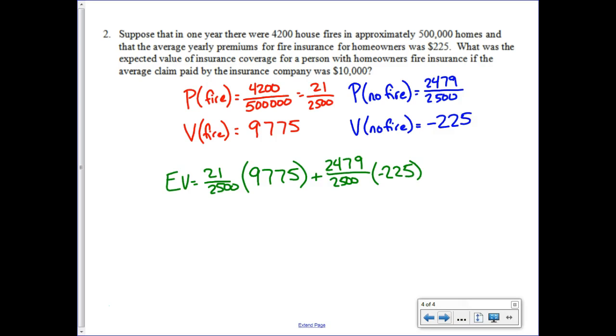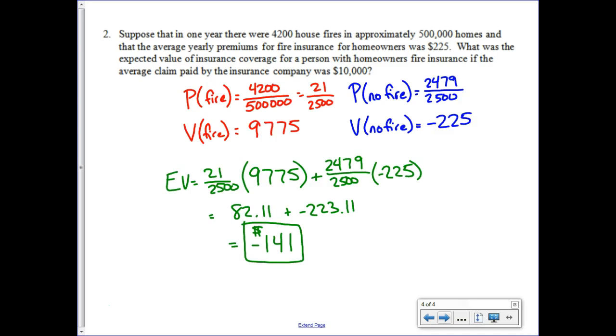So this is 82.11 and this is negative 223.11. So as a homeowner, your expected value is to lose $141, which makes sense.